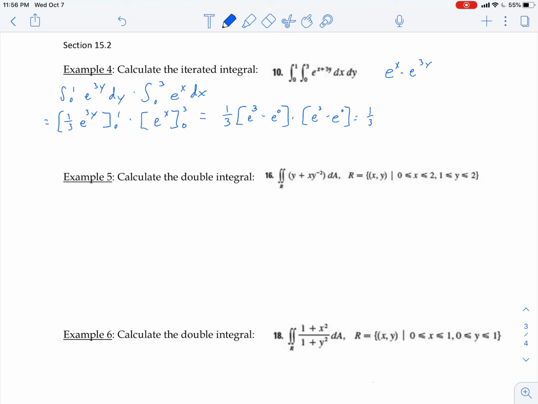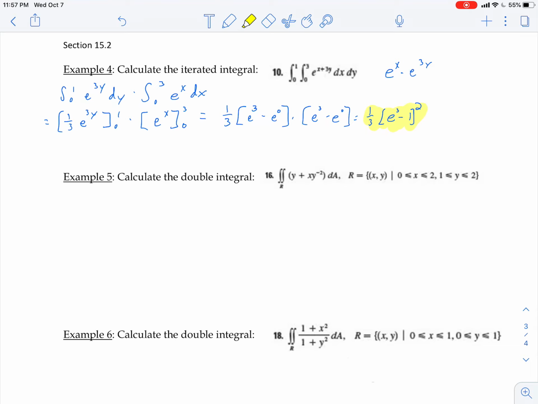It's just 1/3 times e cubed minus 1, squared. Alright? And I can leave my answer that way. Or, if you want to, you could expand e cubed minus 1 squared.